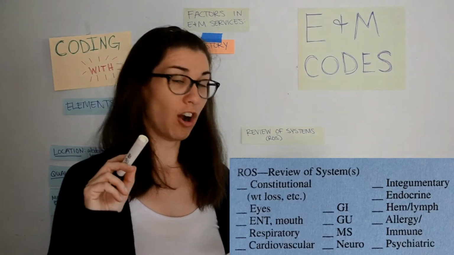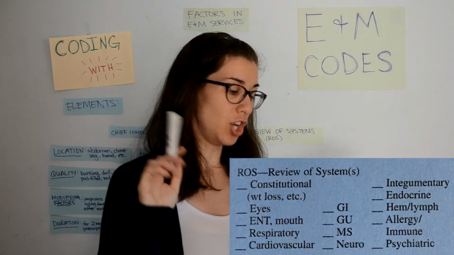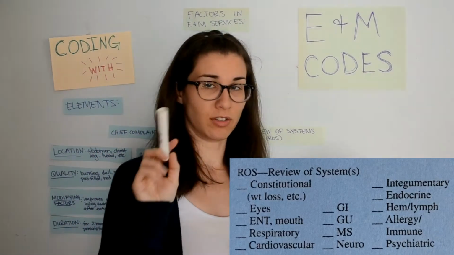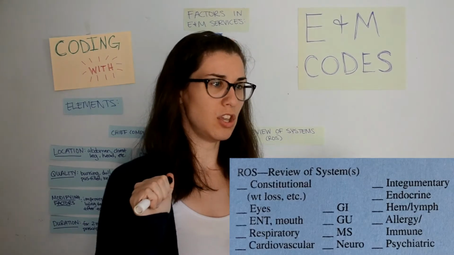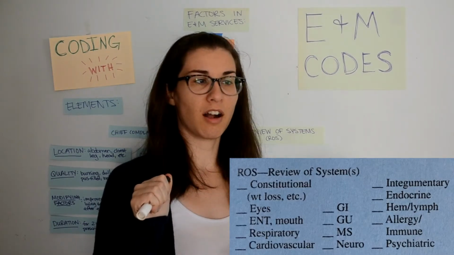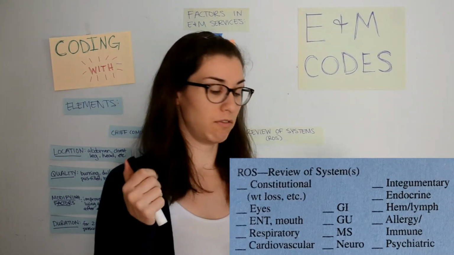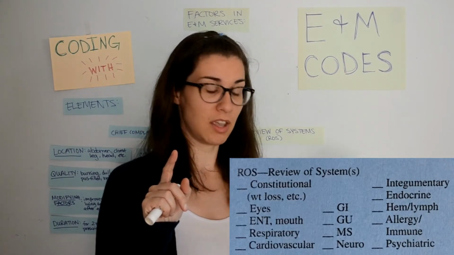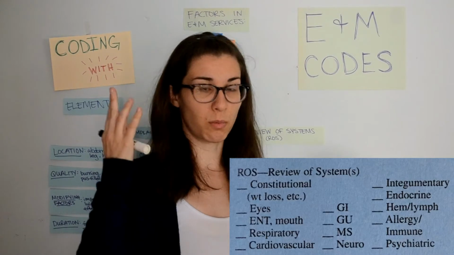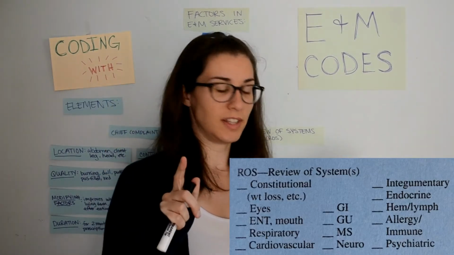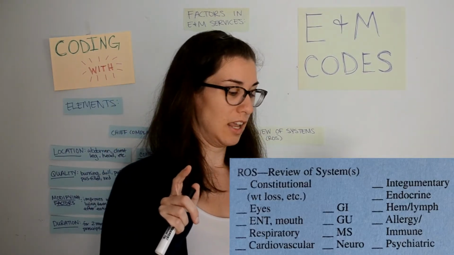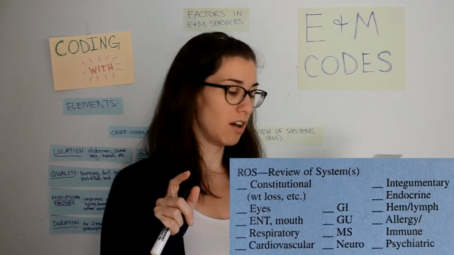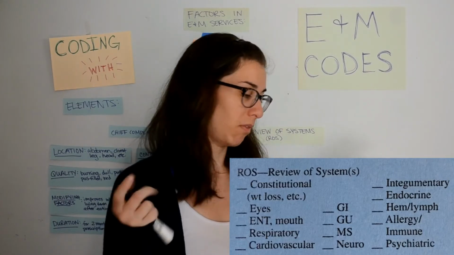Respiratory, cardiovascular, GI, so gastrointestinal, GU, I think that covers urinary and reproductive systems. MS, musculoskeletal, I believe. Neuro, so the brain. And I always get this one wrong for pronouncing it. Integumentary, either way, the skin.